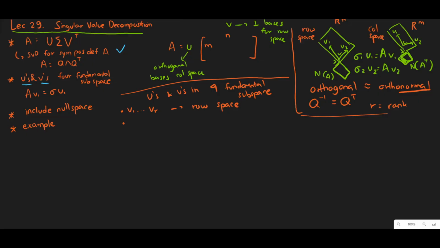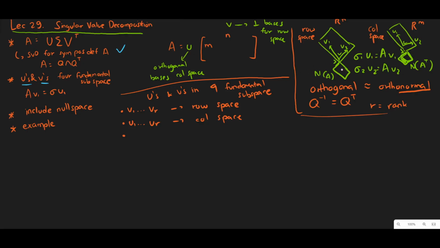For U, we have U1 to Ur in the column space. So these are the orthogonal basis vectors for the row space and column space.